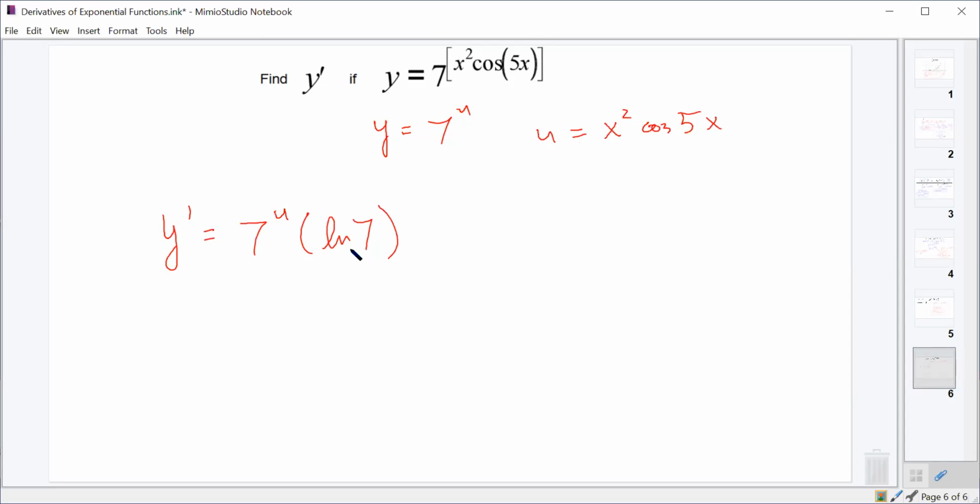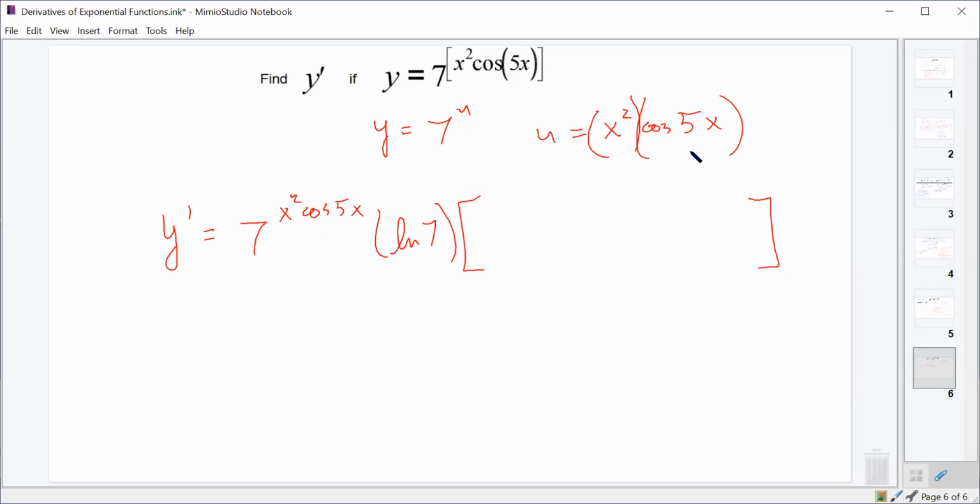I'm going to write 7 to the x squared cosine 5x times the natural log of 7 times the derivative of x squared cosine 5x. Well, what's that? That should be 2x squared times, actually, 10x times negative 10x sine x.